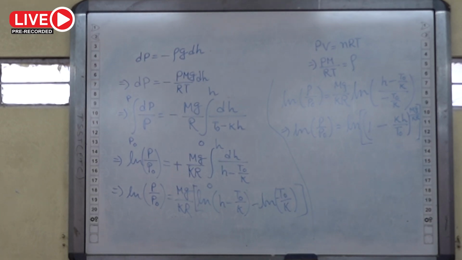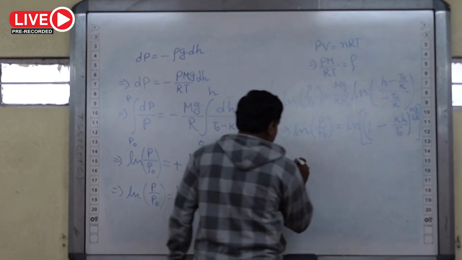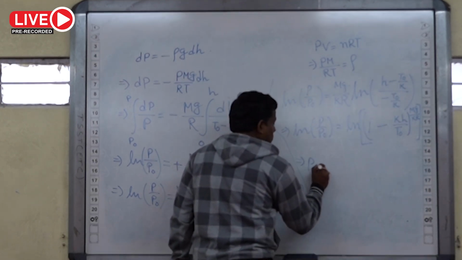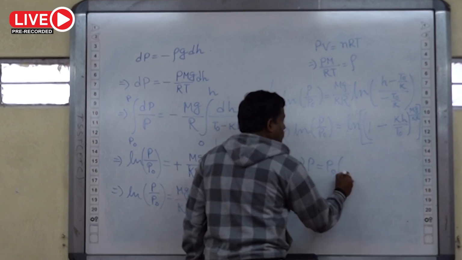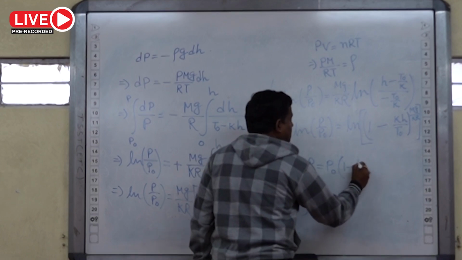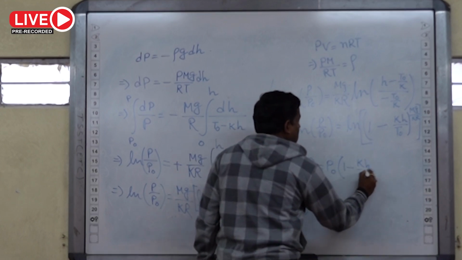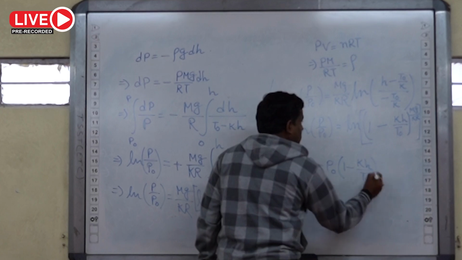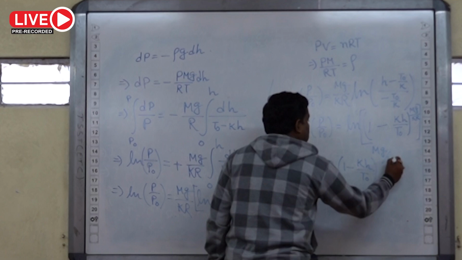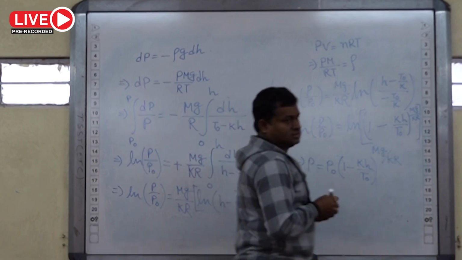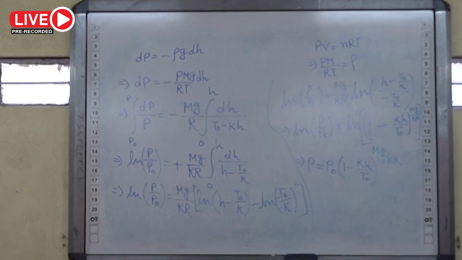Now you can eliminate log from both sides and it will become P equal to P naught into 1 minus KH by T naught to the power mg by kR. With this relation, if you are going to a certain height, the pressure will change.